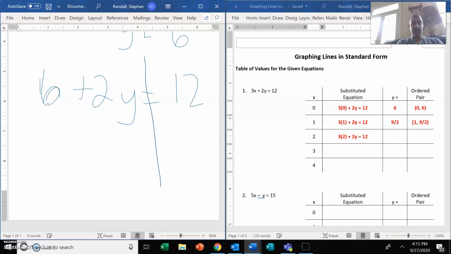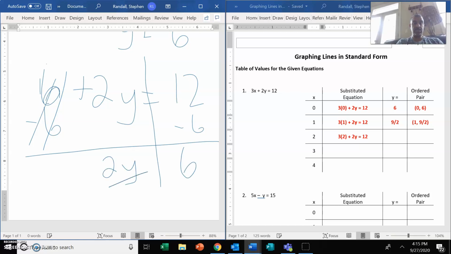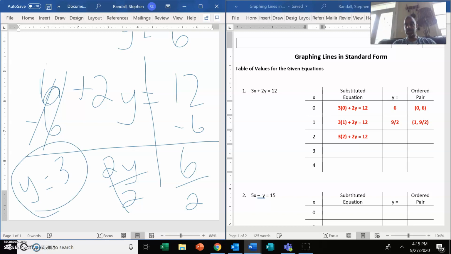So I draw my line. Subtract 6 from both sides. 6 minus 6 is 0, so I get 2y equals 6. Divide by 2. And y equals 6 divided by 2. Oh, that's a good number. That's 3. So I'm going to say here, y equals 3. And I get another ordered pair. x is 2, y is 3.